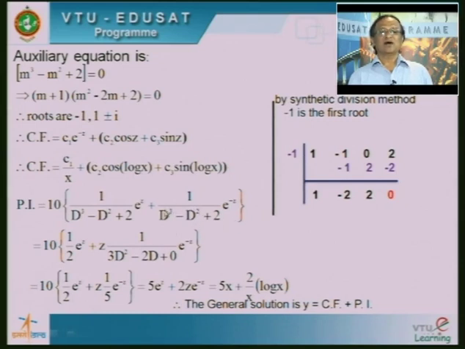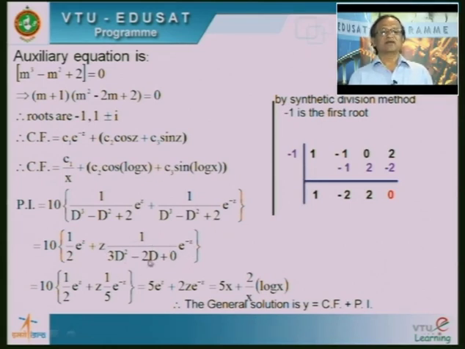So, now I am going to differentiate f of D. f of D means D cube minus D square plus 2. If I differentiate this, I obtain 1 divided by the derivative: derivative of D cube is 3D square, derivative of D square is 2D, and derivative of 2 is 0, into e to the power minus z. If I differentiate, then I have to multiply by z. So, z into this into e to the power minus z.